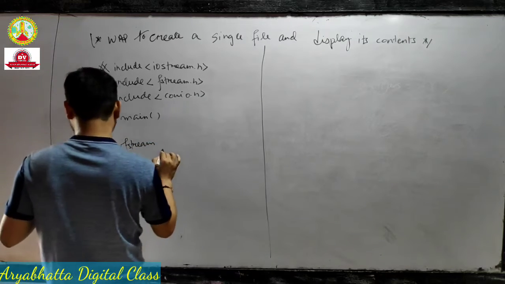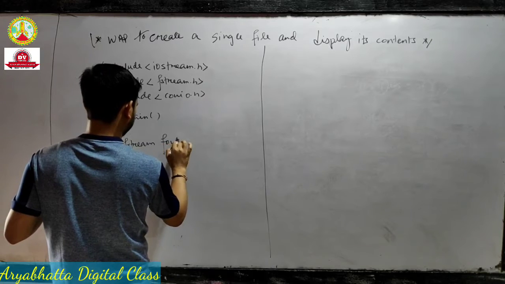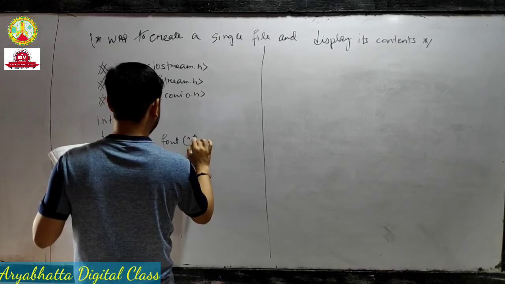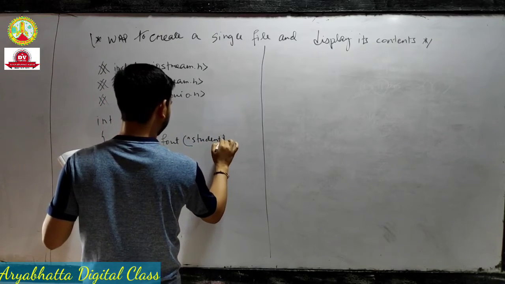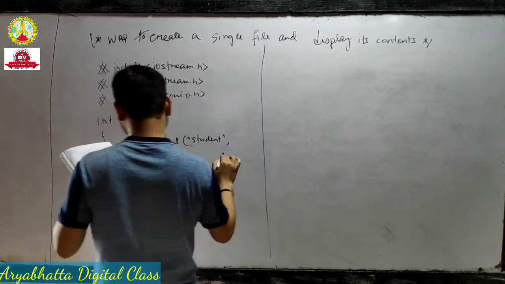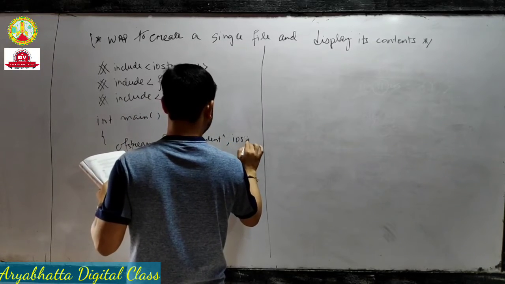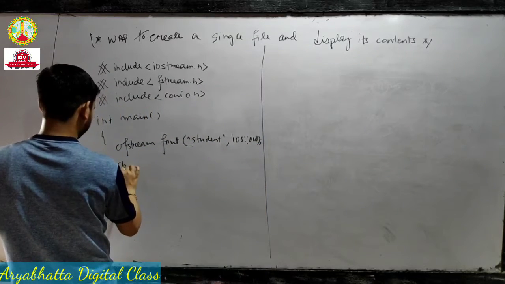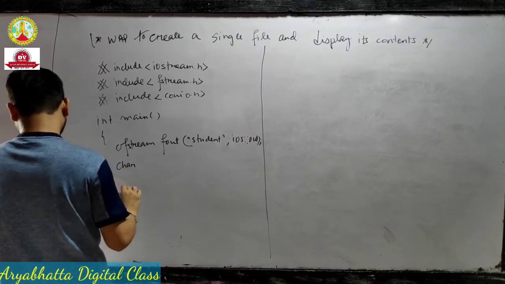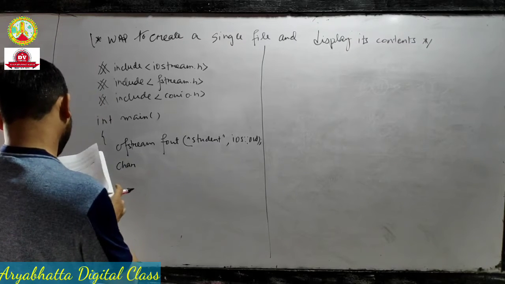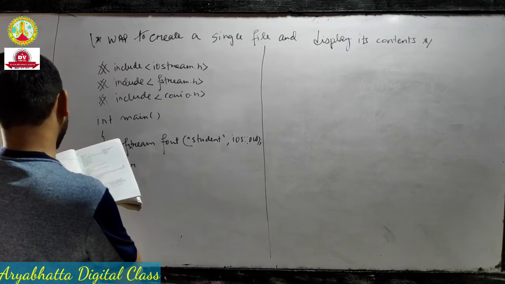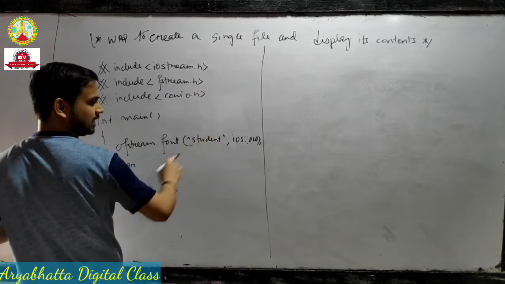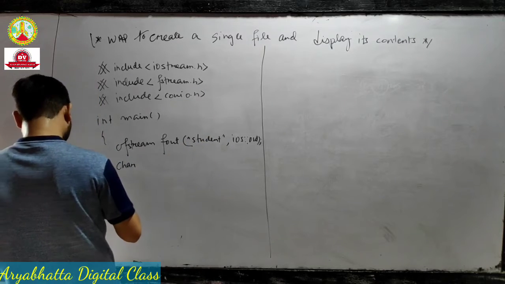Here again we take fstream, fout. Here file name is what? Student. Okay. This is not directly a data file. That's why we don't use any extension here. Okay. Directly write file name.